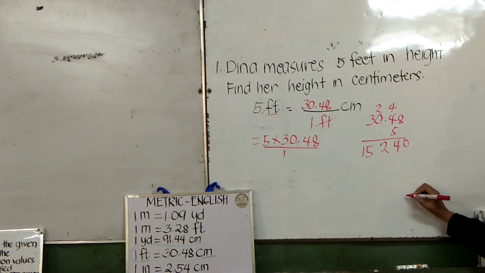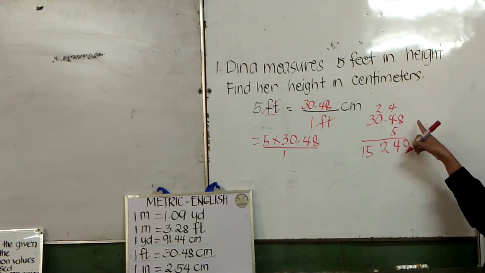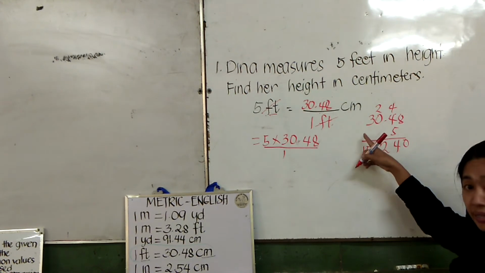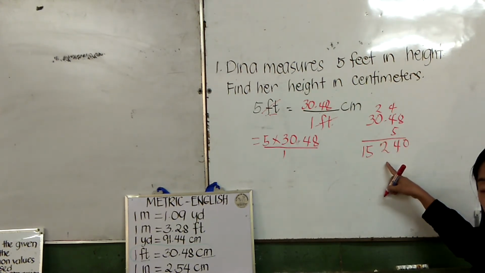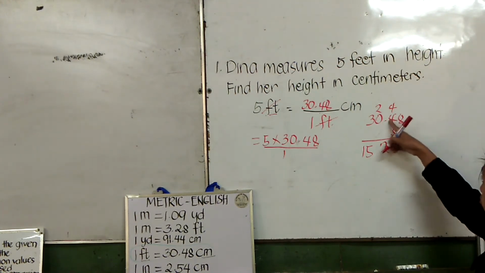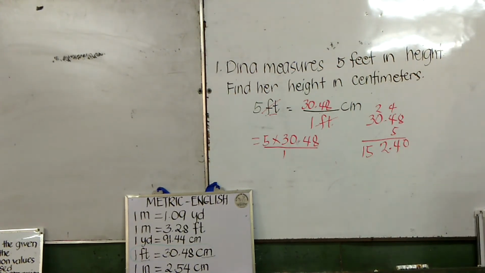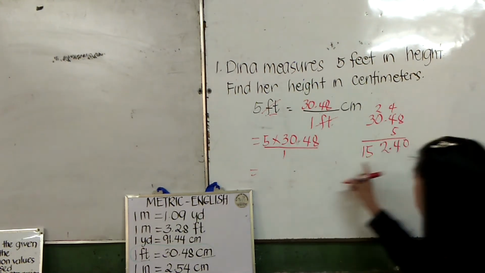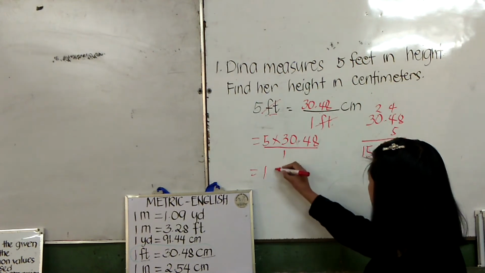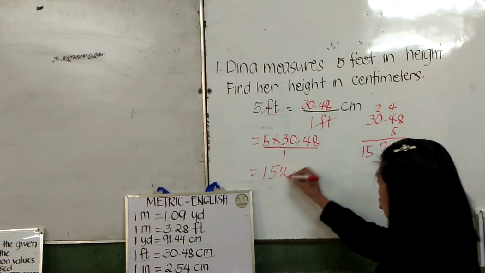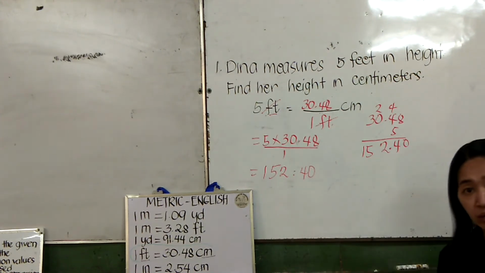Okay, so next, since there are decimals here, we need to count how many numbers have decimals. Then the same down here. Where do we put our decimal? So 1, 2, we will put your decimal here. Then we will copy your answer here: 1, 5, 2.40. What is the unit now?